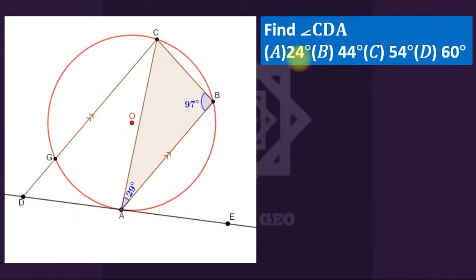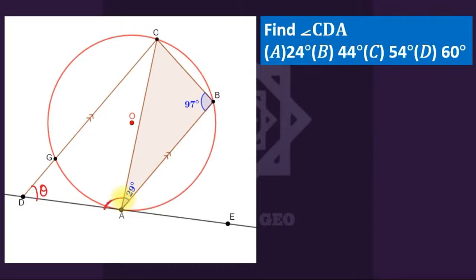We're asked to find angle CDA. So let's label it angle CDA, and let's call it theta. If you look at the angles given, we need to relate it to the one we are looking for. I'm seeing a tangent line and I'm seeing an inscribed triangle. So once you see an inscribed triangle and a tangent line, what comes to your mind? Alternate segment theorem.